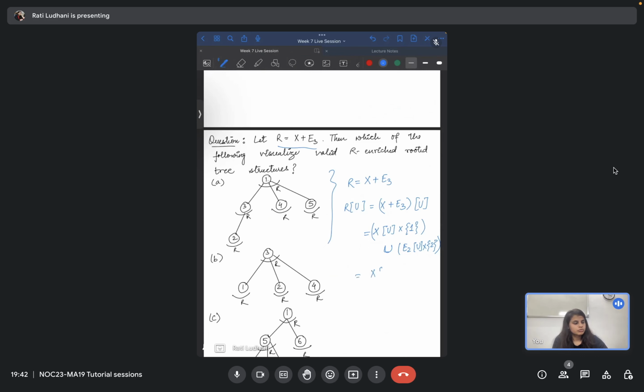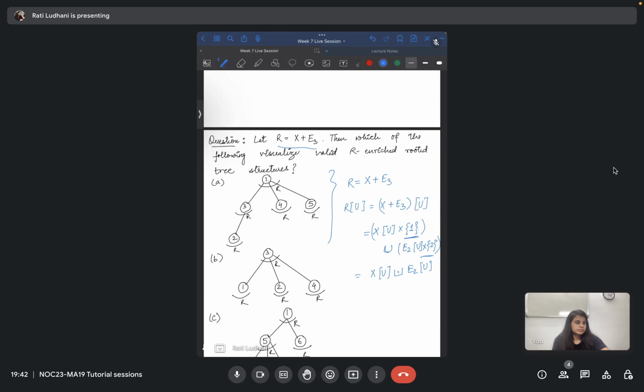So for disjoint union you can write in this form. You just take the ordered pair with 1, and here ordered pairs with the second position equal to 2. Then in that case these are going to be disjoint. So what we are doing is a disjoint union.